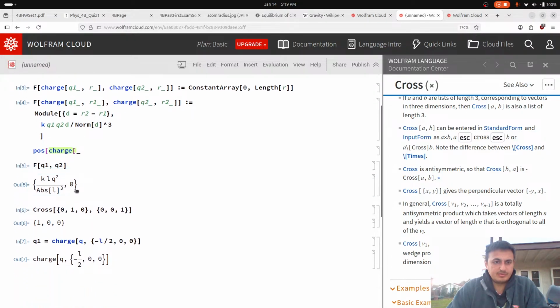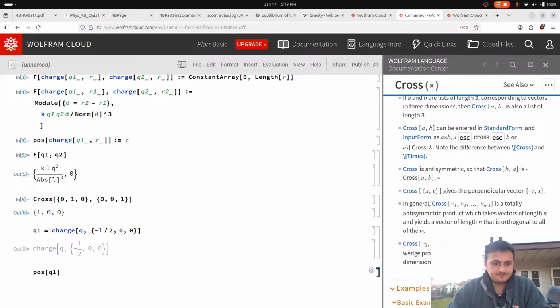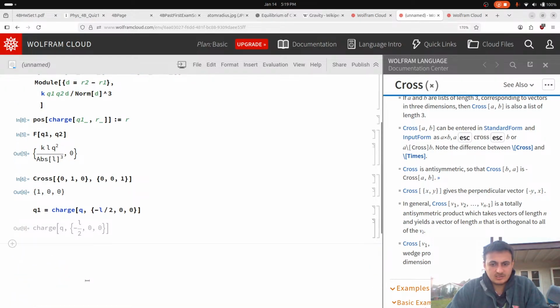So now we want the pos of the charge. Let's try this. So we do pos of Q1. Works as intended.